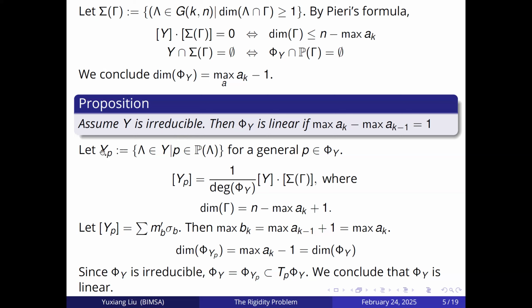Also note that every k-prime in Y that contains this point P must be contained in the tangent space of phi at this point. And that implies phi Y is contained in its tangent space at this point. And therefore, we can conclude that phi Y must be a linear space.